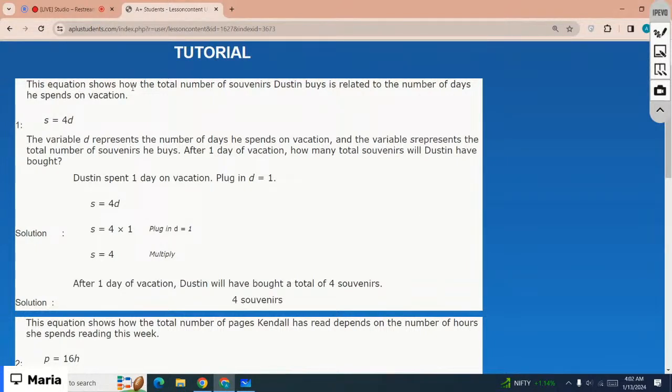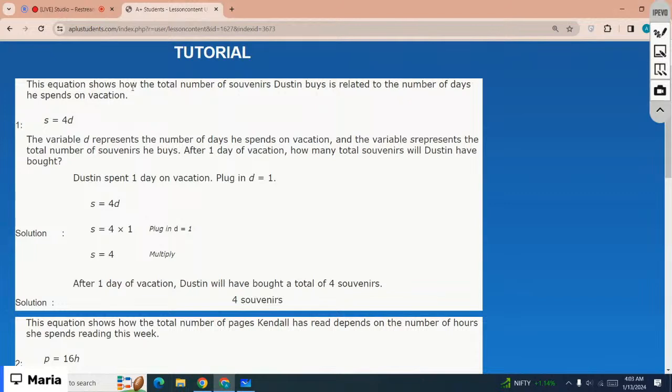This equation shows how the total number of souvenirs Dustin buys is related to the number of days he spends on vacation. The equation is S equals 4D. The variable D represents the number of days he spends on vacation, and the variable S represents the number of souvenirs he buys. After 1 day of vacation, how many total souvenirs will Dustin have bought?